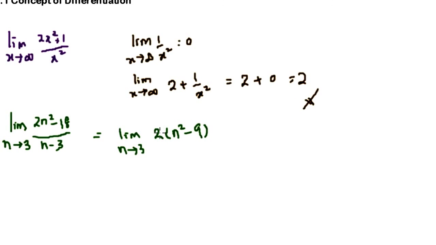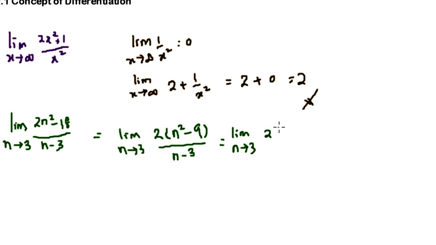9 times 2 is 18 and 2 times n to the power of 2 is 2n to the power of 2, over n minus 3. So you want it to be even simpler to understand, so write down 2 times n to the power of 2 minus 3 to the power of 2.